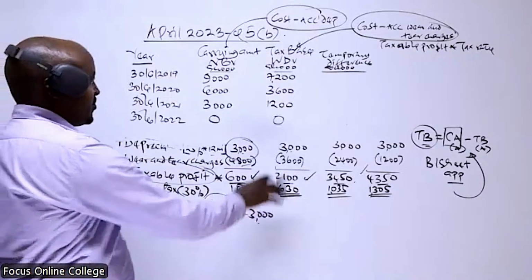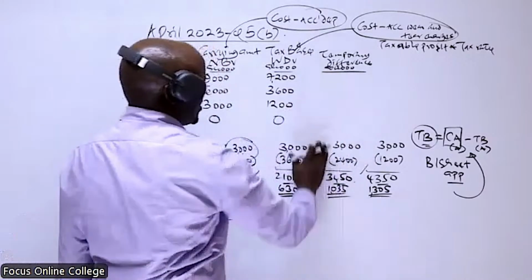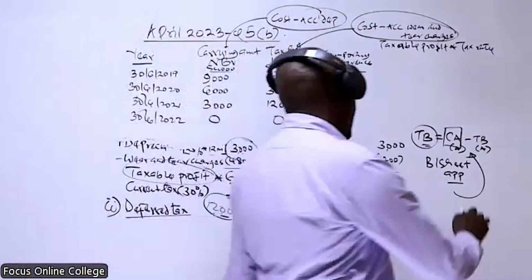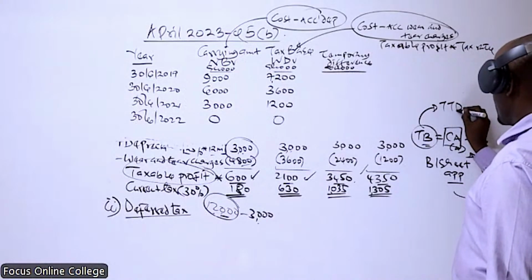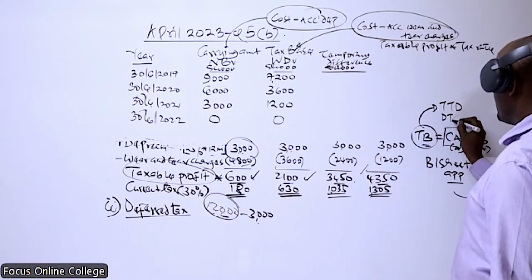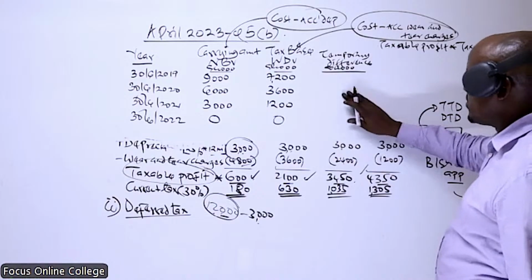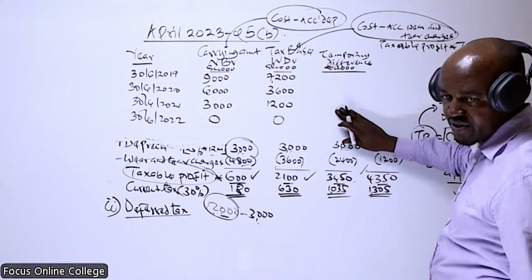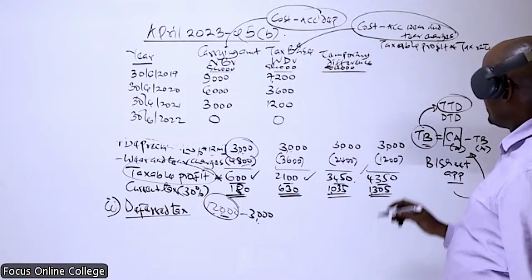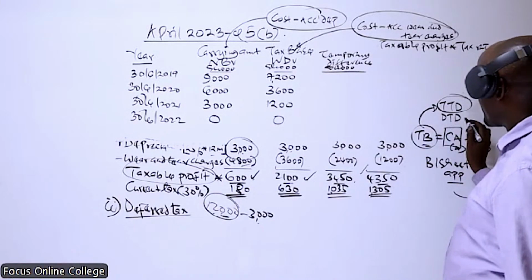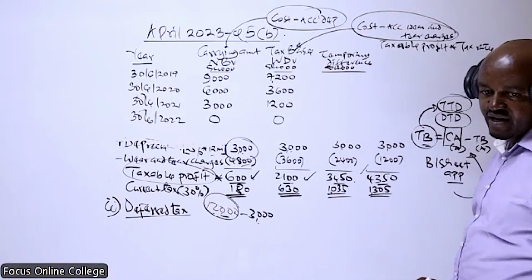Having that, we proceed and compute the temporary difference. Remember, the temporary difference can be either a taxable temporary difference or a deductible temporary difference. If you get a positive figure here, it is a taxable temporary difference. If you get a negative figure, it is a deductible temporary difference.